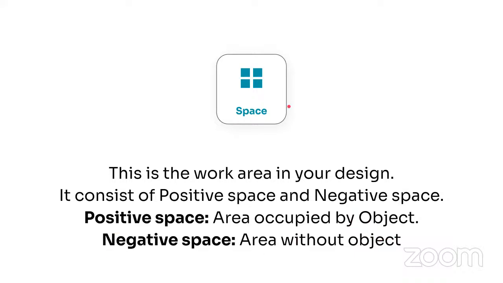So let's use this slide as an example of a design. Your positive space is the space this square takes. And then the space this paragraph takes is positive space.